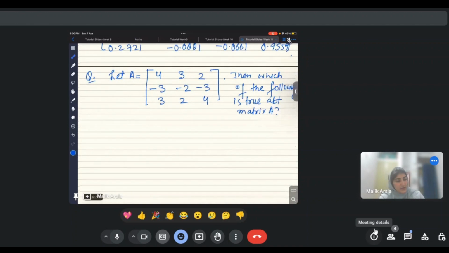First one is, eigenvalues of A are 5, 2, minus 1.